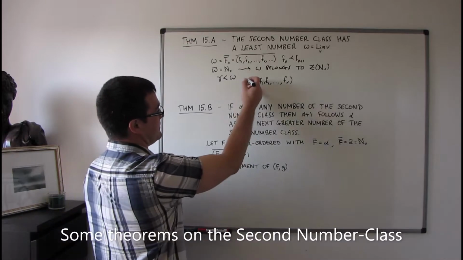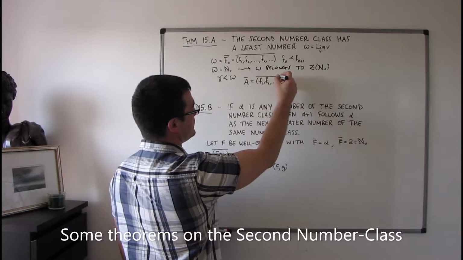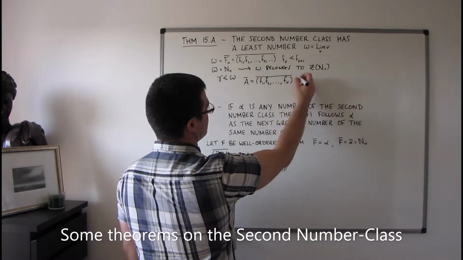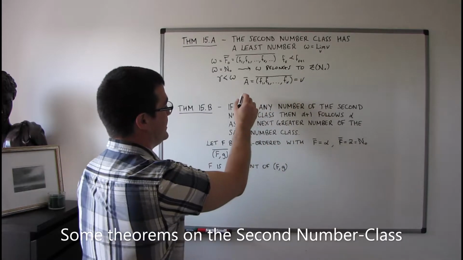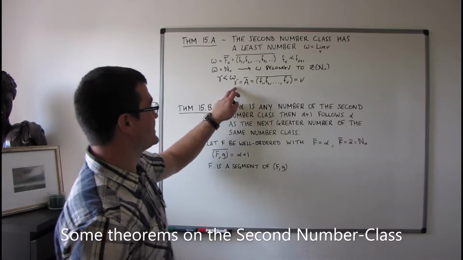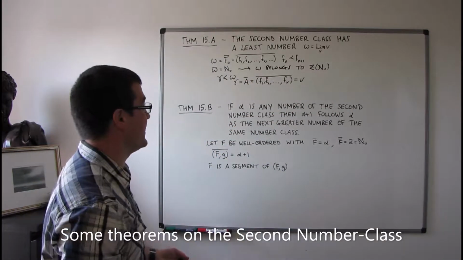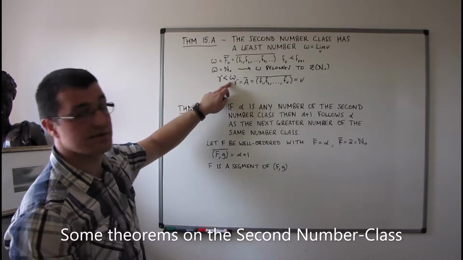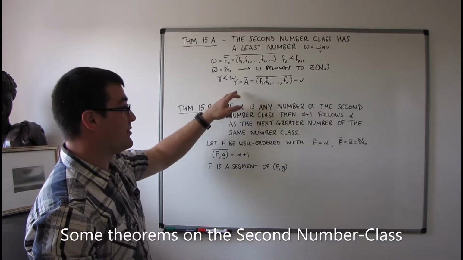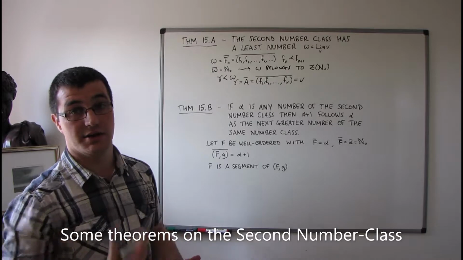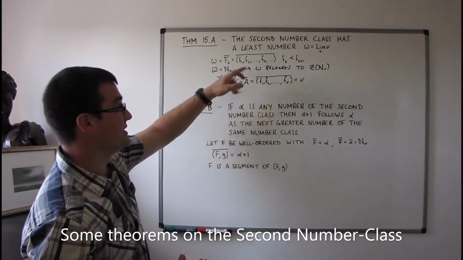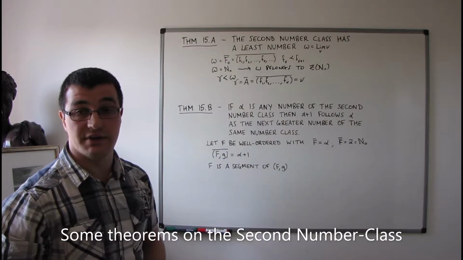Then the ordinal number of this segment is going to be finite. But I chose A specifically so that it had the ordinal number gamma. So gamma is equal to nu, and therefore gamma must be finite. So any gamma less than omega must be a finite ordinal number, and therefore in the first number class and not the second. So omega must be the smallest number in the second number class. And that's the end of the proof of that theorem.